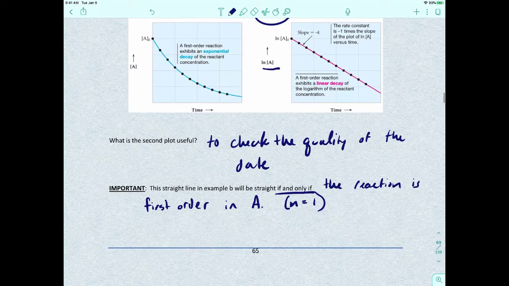So this is a really important point. The straight line will be straight if and only if this is a first order reaction.